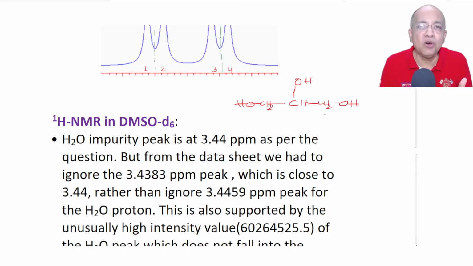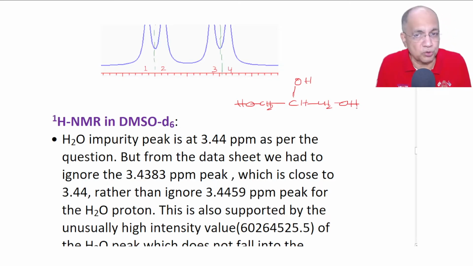And if it is a pure sample, maybe Professor Nowick has taken a very pure sample where the acidic impurities are almost minimized, the exchange rate with impurities is very, very slow on the NMR time scale, so that this proton is able to couple with the neighboring protons and be coupled by the neighboring protons. This will couple to the neighboring protons and the neighboring protons will also couple to this.